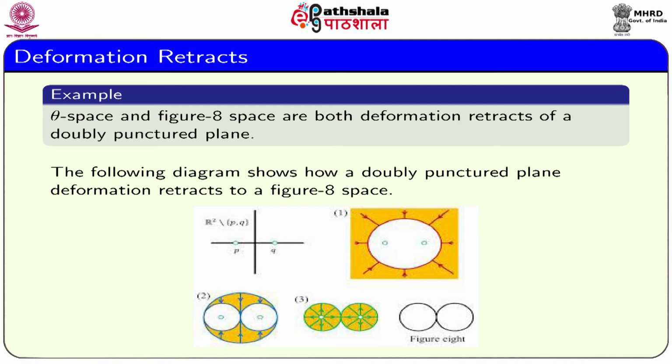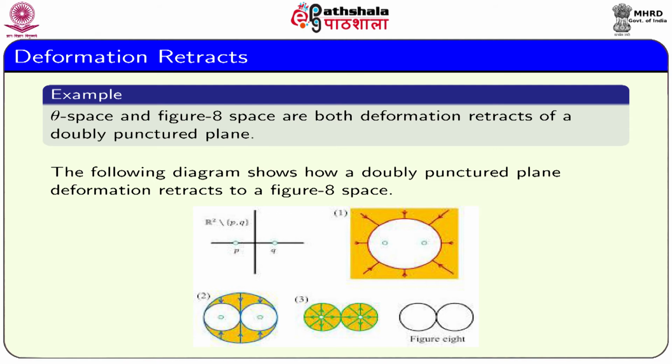Now, separating these 2 points again by circles and doing the same thing, we get a figure like this, and in this case, we are stretching all these points towards the boundary of the circles to get a figure of 8 space.